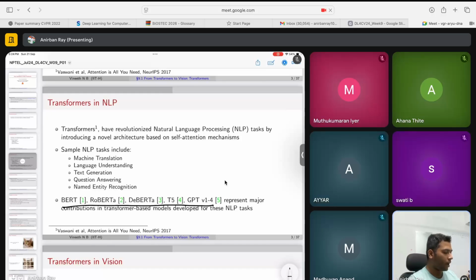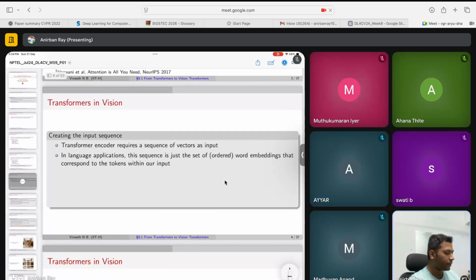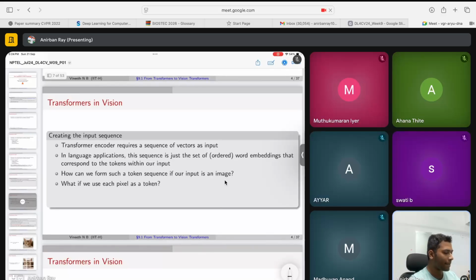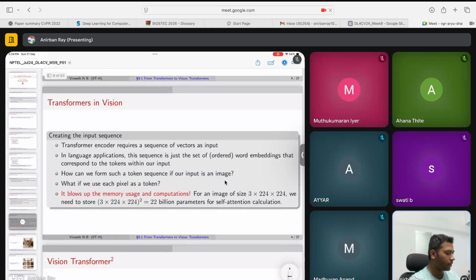You know many of them. It requires a sequence of vectors as input, so that is the embedding we have discussed. So these are the different problems we have here.